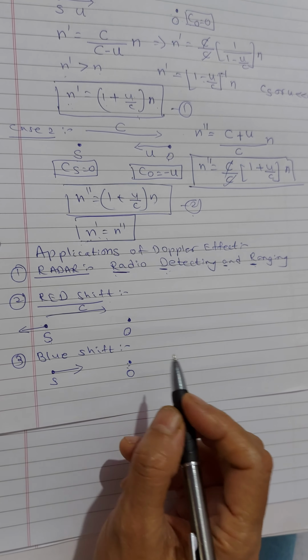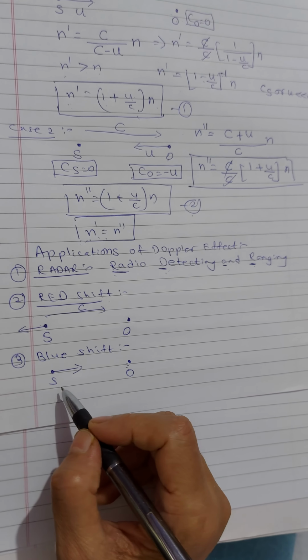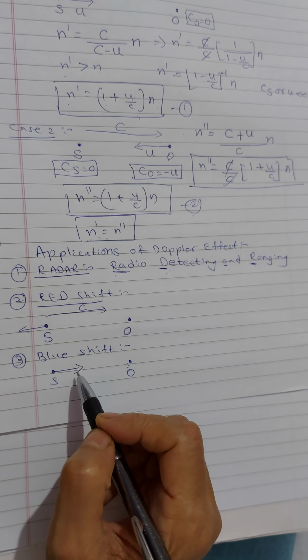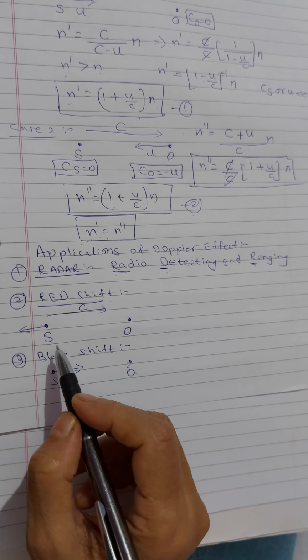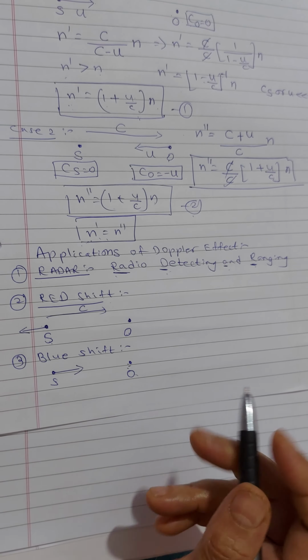This is blue shift, as simple as possible. So when the star is moving towards the earth, we get a blue shift, and when the star is moving away from the earth, red shift. That's what we can remember.